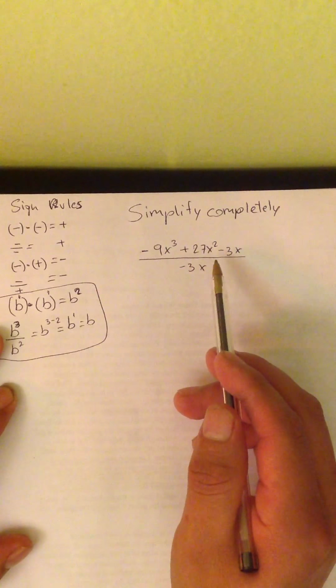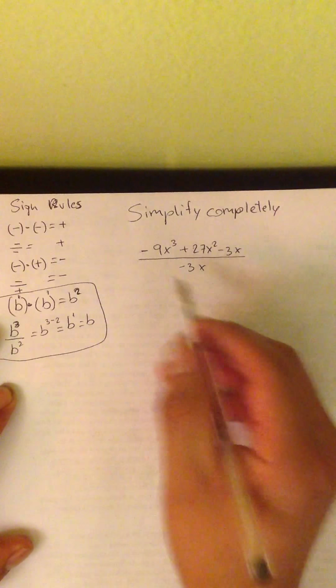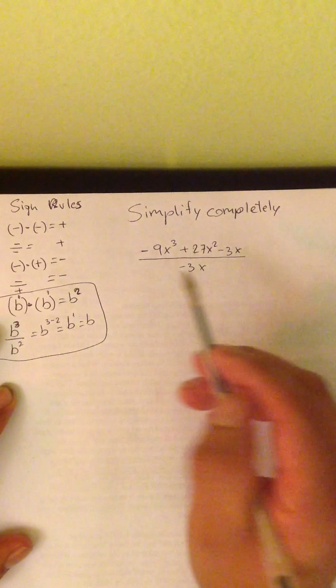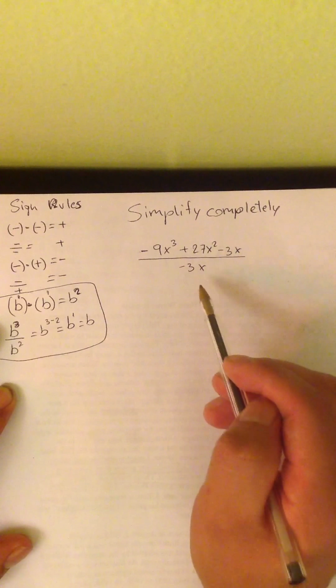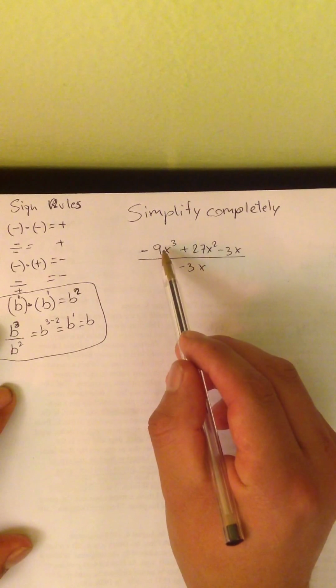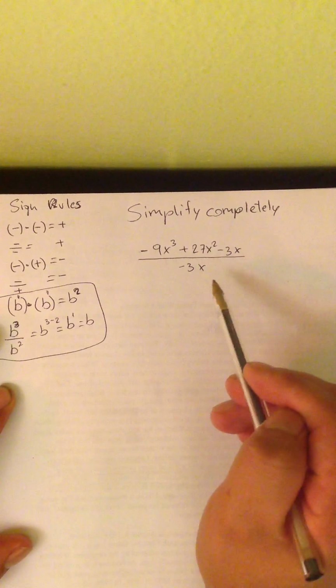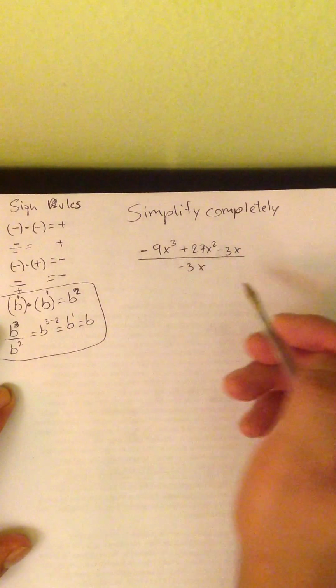simplification. So we're going to do it step by step, that way we don't get lost. So first of all, we're going to separate every term individually by its common denominator. So we know that all of these terms on top have the same common denominator. So all I'm going to do is write them individually.